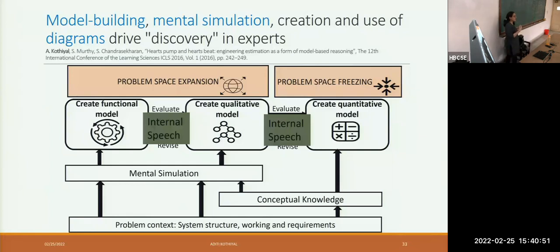This is constantly running, and this is what guides the expert from one model to the next, and then checking, and if it doesn't make sense, coming back. So this process is not a simple 1-3 level process. It's a very intricate process with a lot of iterations and loops and a lot of going back and forth.